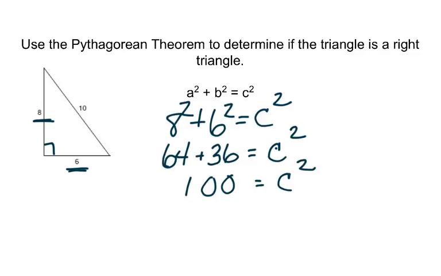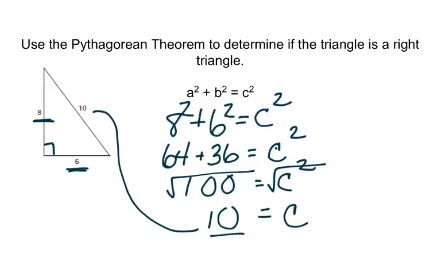Now we have to finish with the square root. The square root of both of these makes C equals 10. The hypotenuse length is 10. So since they match, the answer is yes. This is a right triangle.